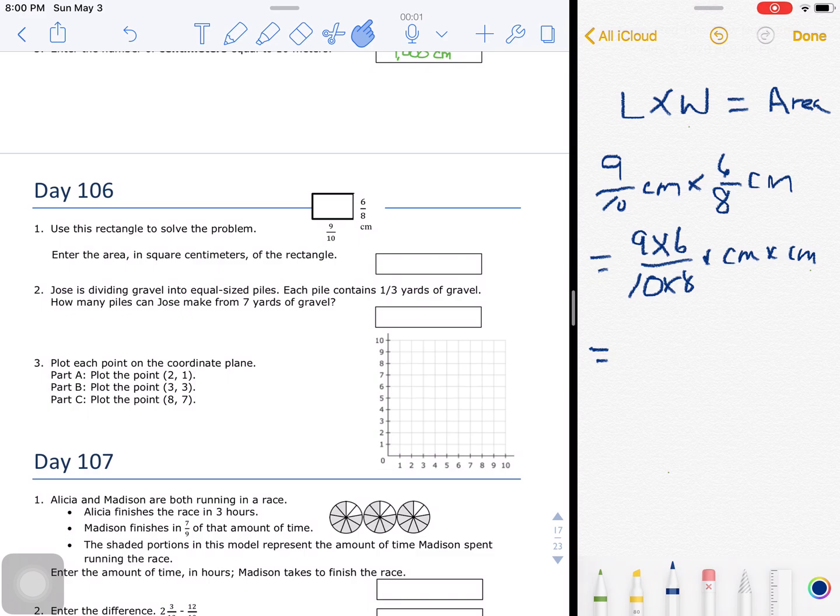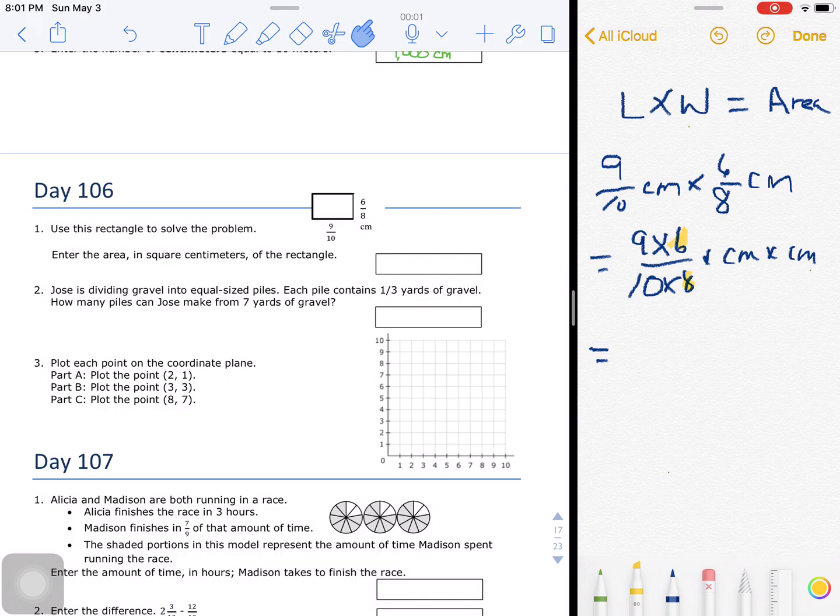So the way I'm going to solve this is I'm going to cross cancel, and I'm looking for factors that the numerators and denominators have in common. Well, I know that 2 goes into 6, and 2 also goes into 8 and 10, but I'm just going to choose one of them right now.